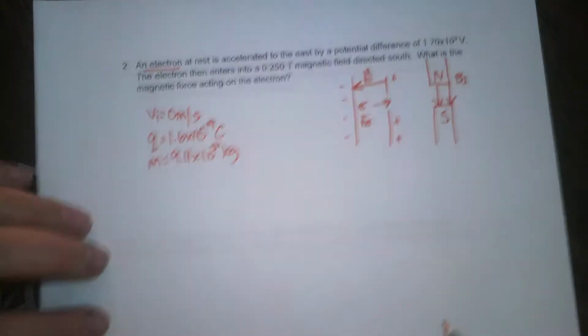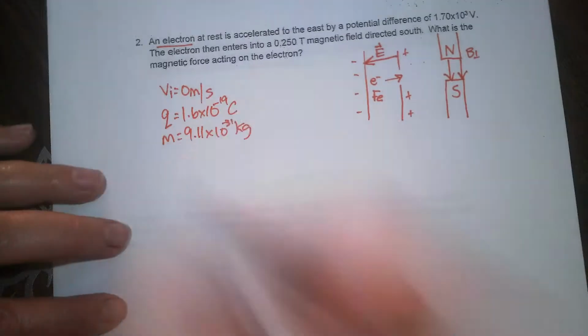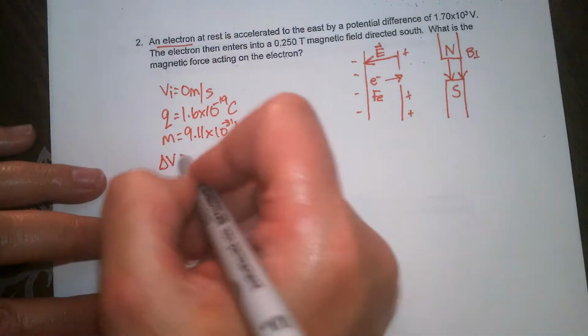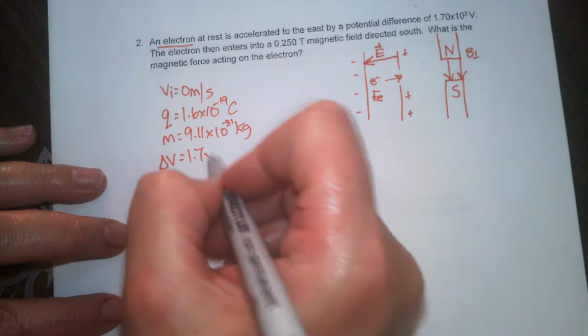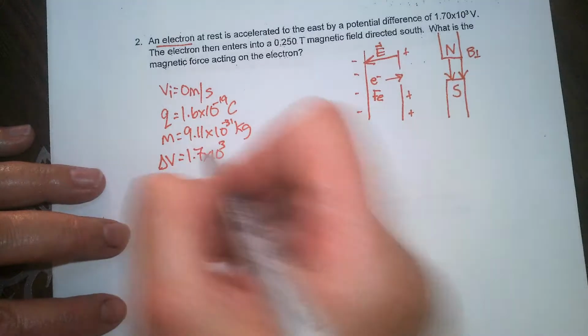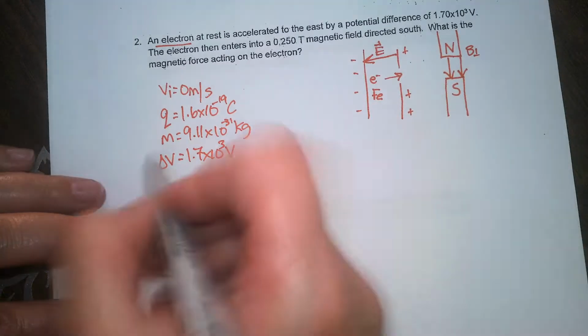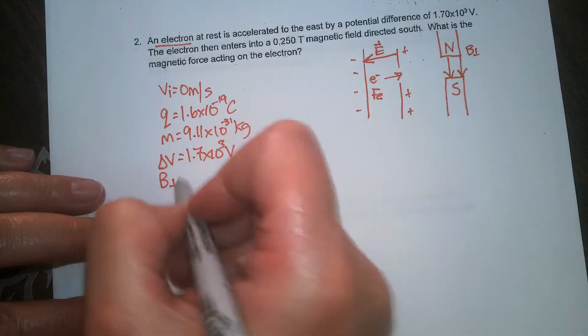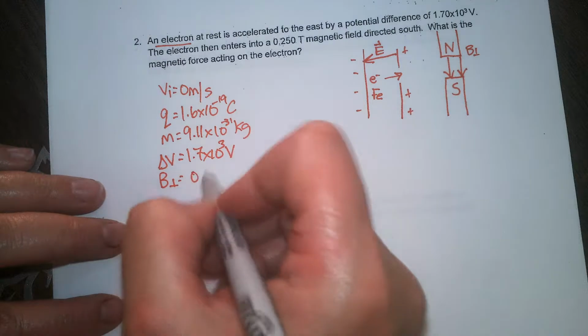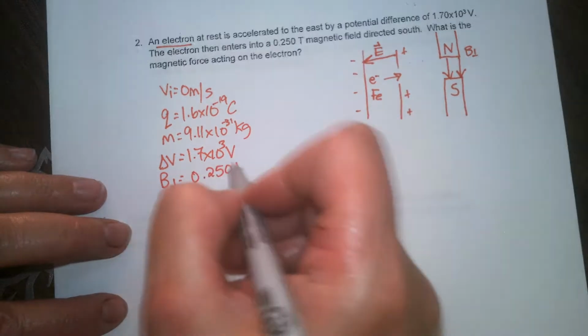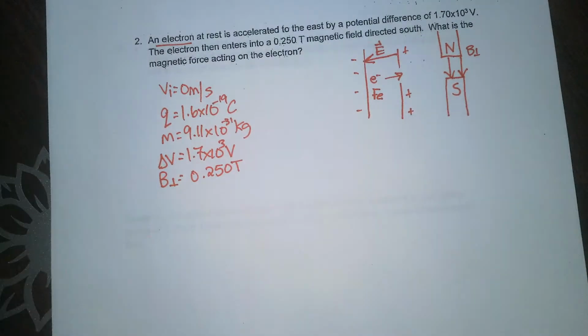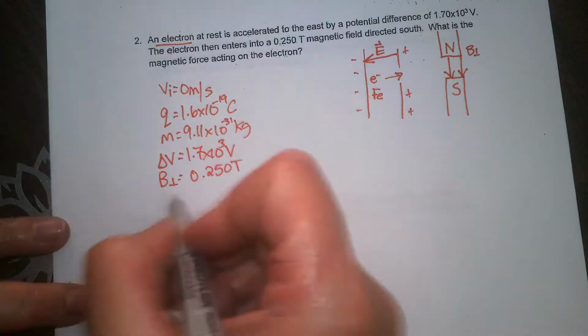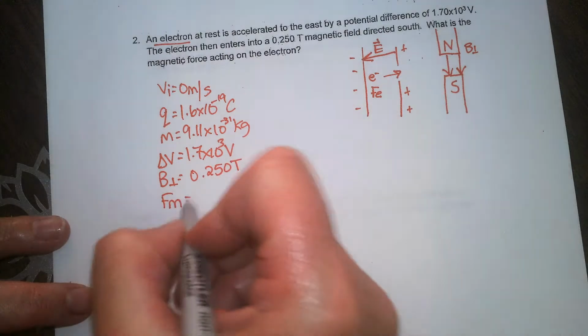Yeah, negative 19, yeah. It tells us the potential difference. And it tells us the magnetic field strength. Okay? What is the magnetic force?